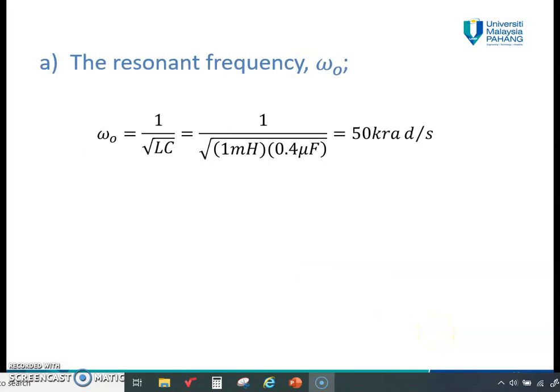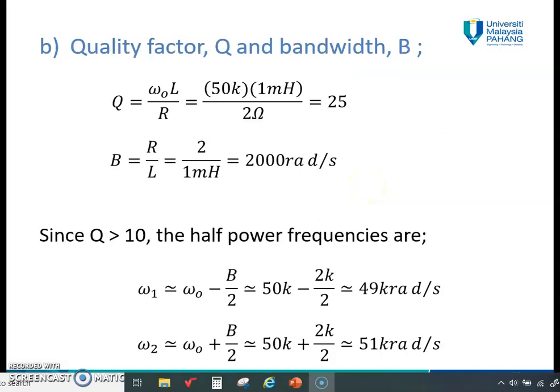For the first one, in order to calculate the resonant frequency omega naught, using the previous equation, omega naught is equal to 1 over square root of LC, which is equal to 50k radian per second. This one is quite simple.